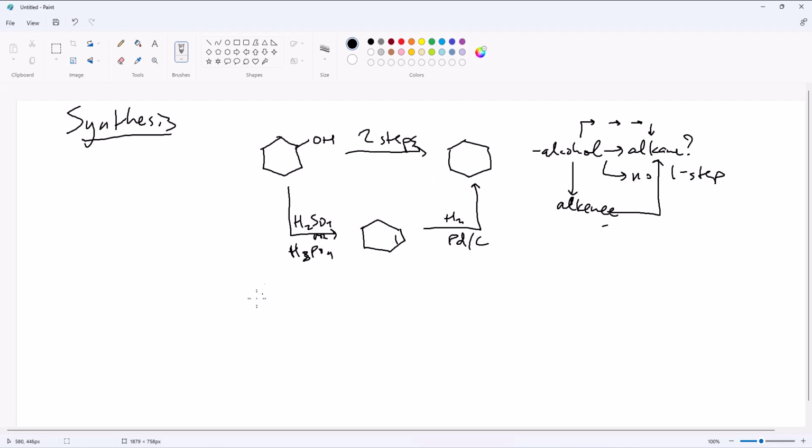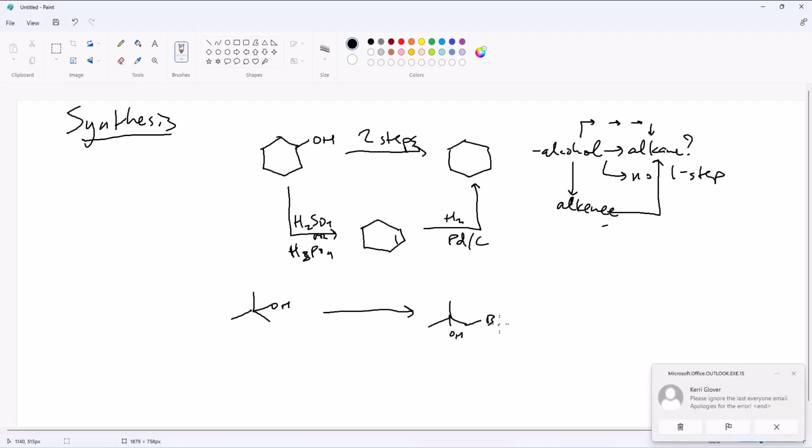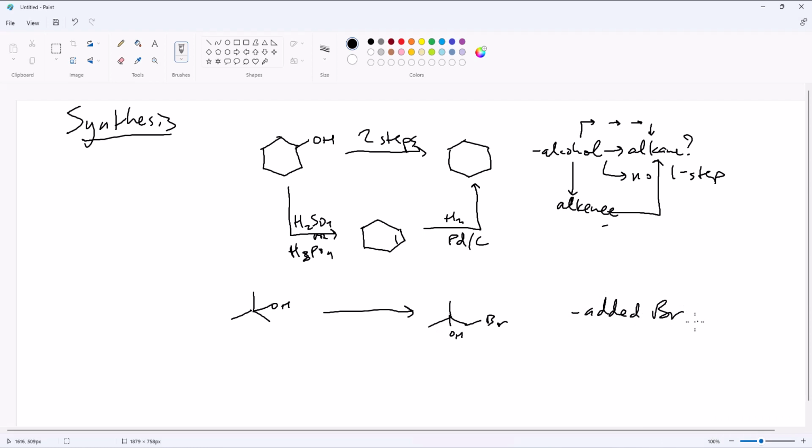So let's look at another one. Let's look at tert-butyl alcohol to this substituted alcohol with bromide. Off the bat, our net transformation is we've added Br terminally.